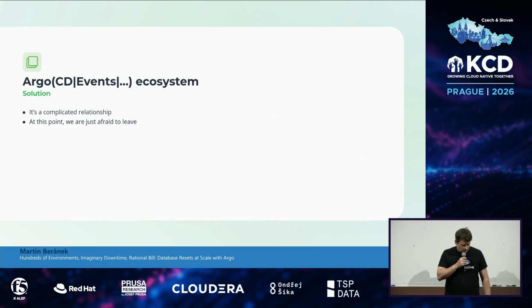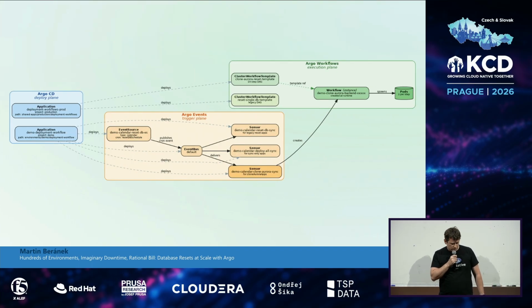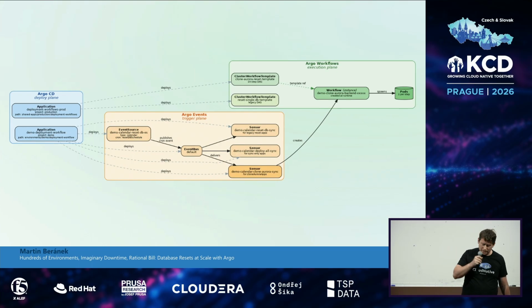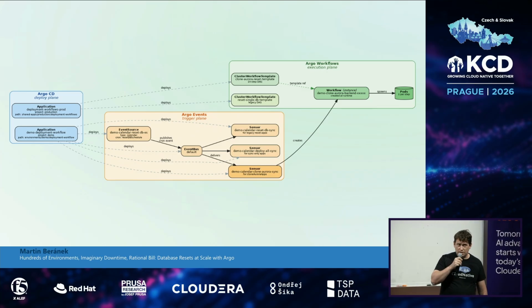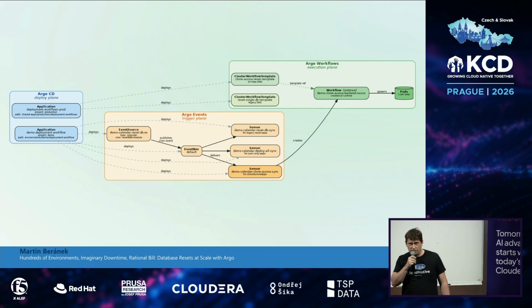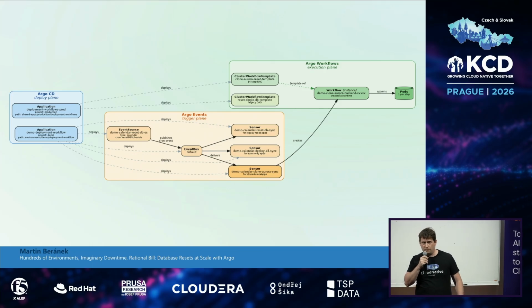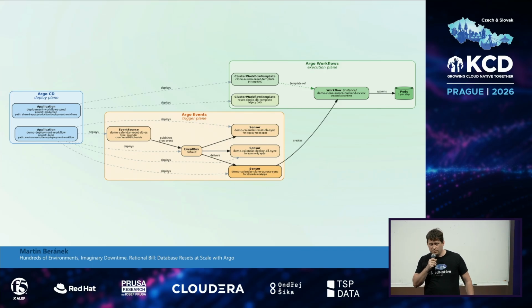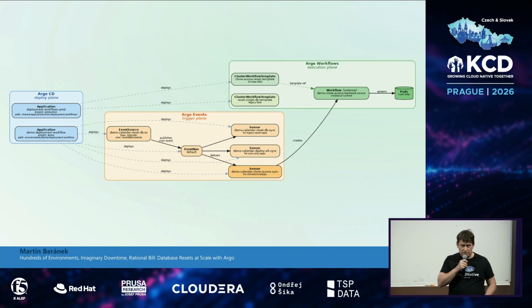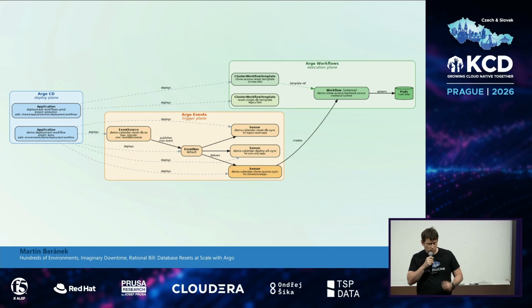So a few words about the ecosystem altogether. It's kind of small again, I'm sorry about it. But you have ArgoCD, which is the continuous delivery part. And from the perspective of my team, delivering something as a platform to the developers, the biggest value is that we can actually show everything to the developers and they know what's happening.